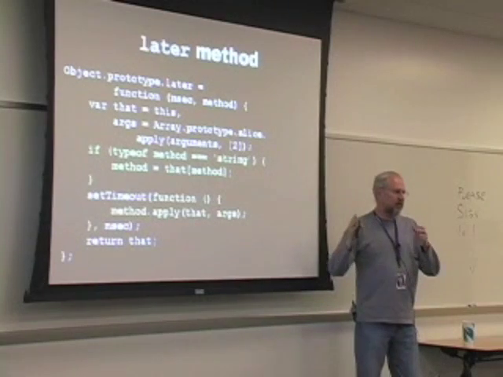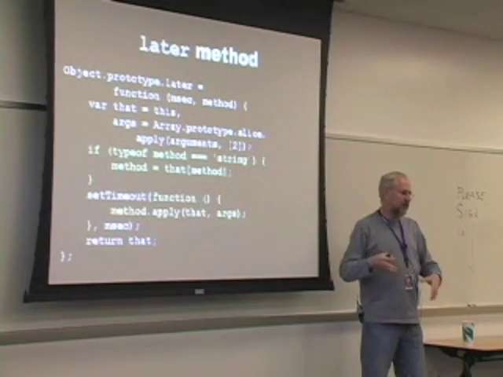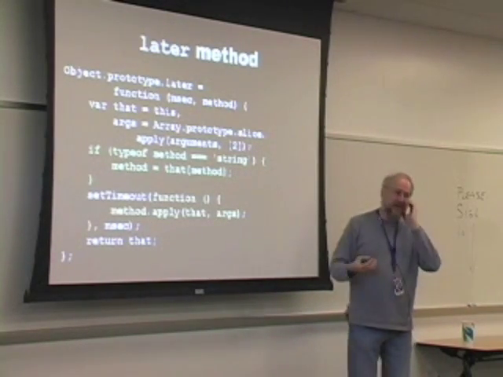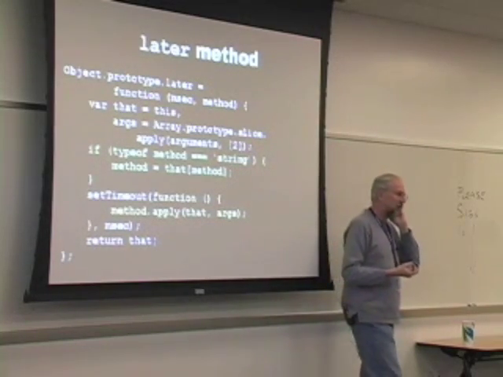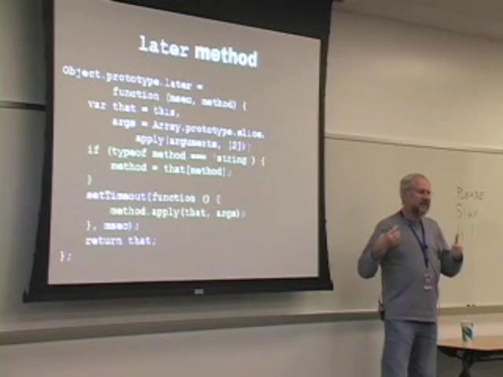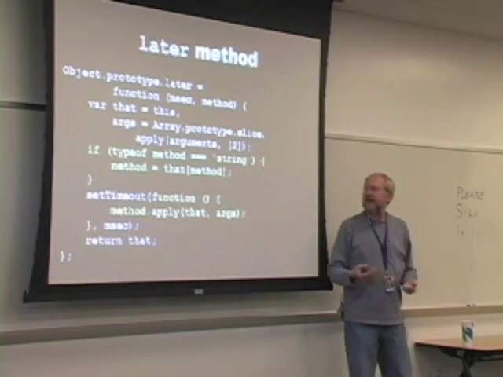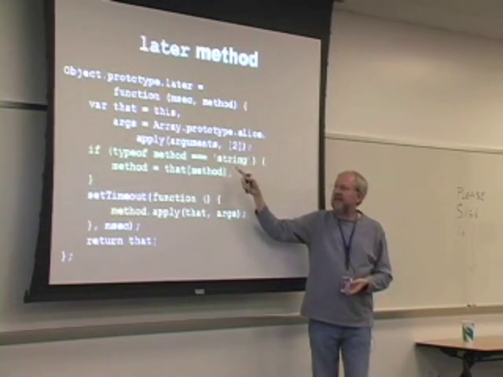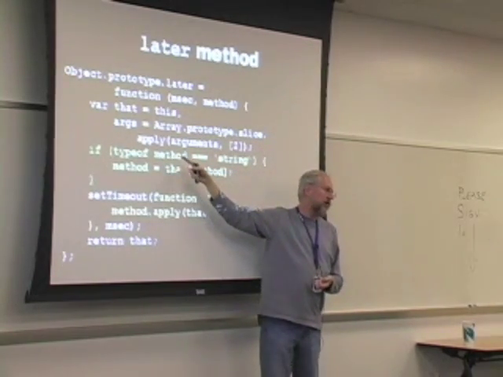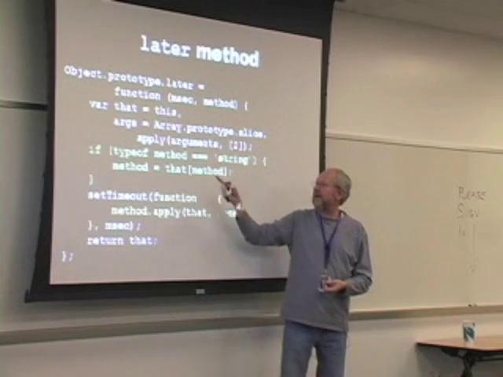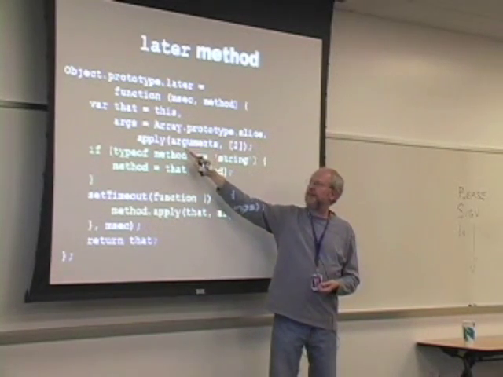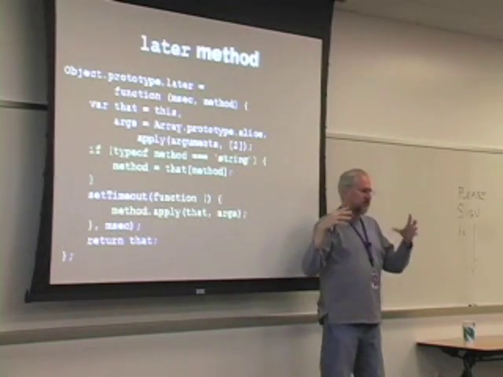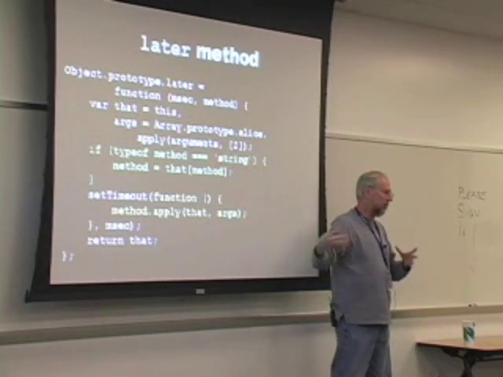I want to take the arguments array, chop off the first two items, and use the rest of it because I need that. But what I can do is go to Array.prototype because it contains all of the methods that arrays have. I can get the method that I want, in this case the slice method, and then use the apply method on it to invoke it. I will invoke it by binding this to the arguments array and then passing it the number 2, which is the index at which I want it to start slicing.